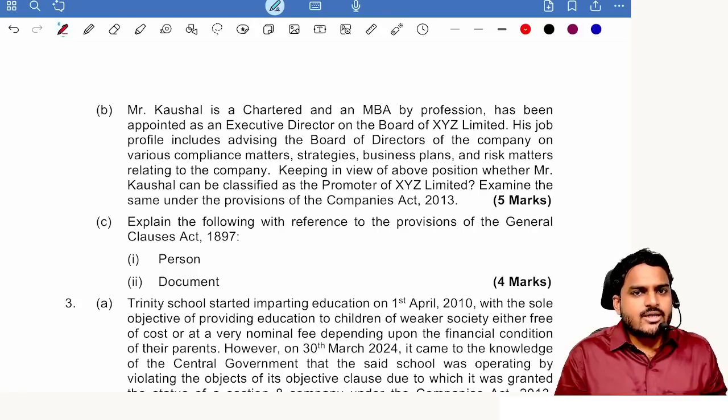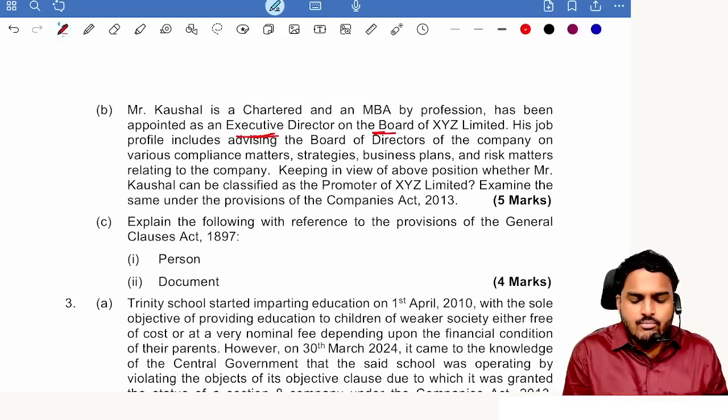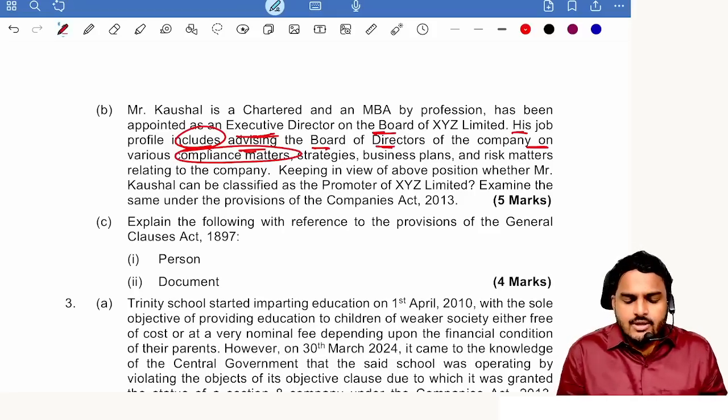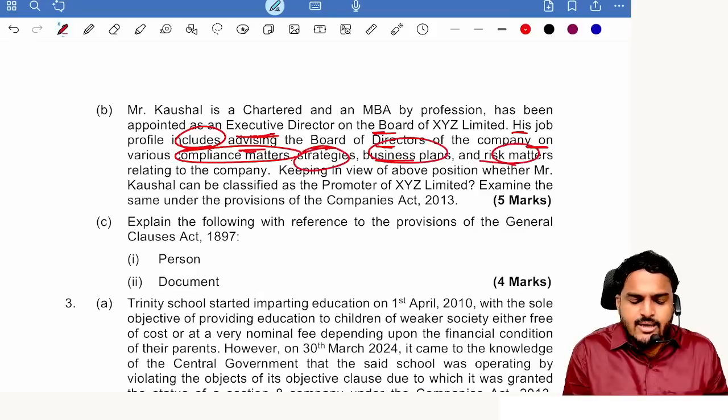Kaushal, a Chartered Accountant and MBA by profession, has been appointed as an Executive Director on the board. His job includes advising board directors on various compliance matters, strategies, business plans and risk matters relating to the company. Keeping in view the above position, Mr. Kaushal can be classified as a promoter of the company.